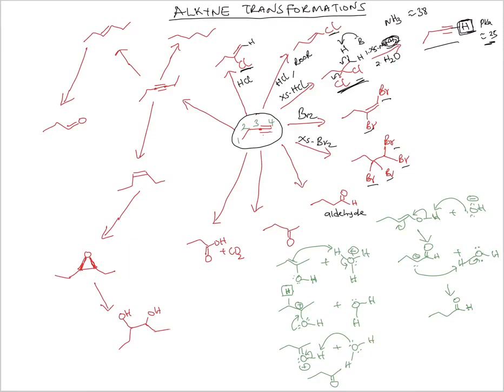What I want you to understand here is that we can install a hydroxyl group by doing hydration of an alkyne and transform it in a way that installs the OH in the less substituted position.